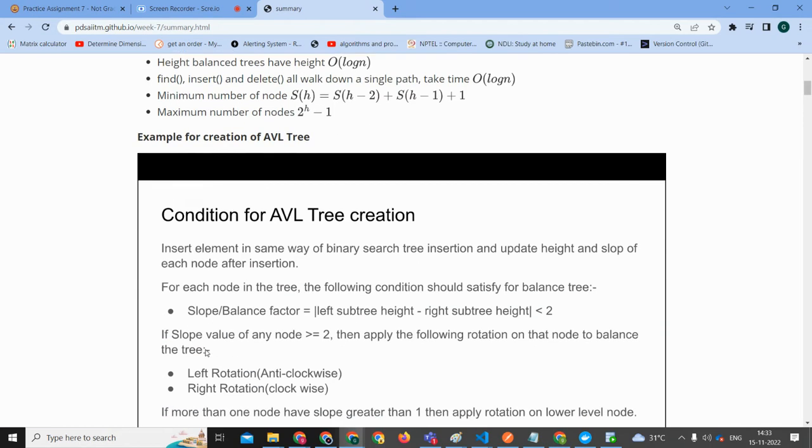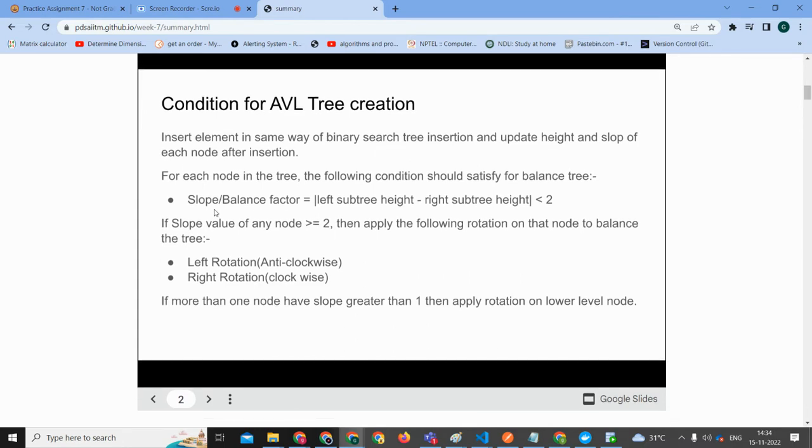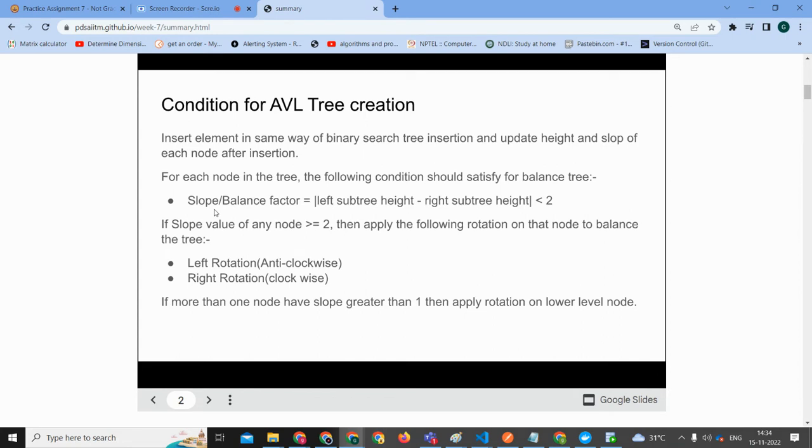They're talking about the conditions for an AVL tree. There is something called the slope or balance factor, which means the left subtree minus the right subtree.